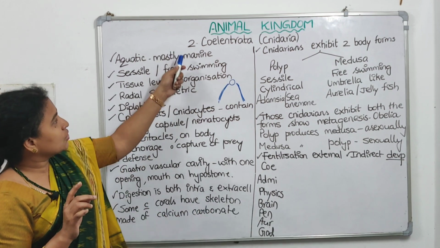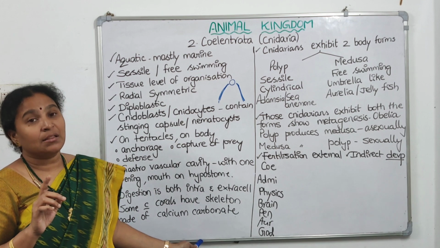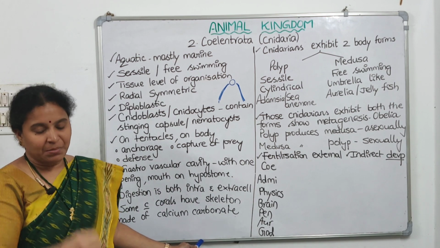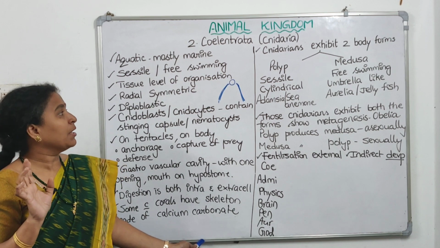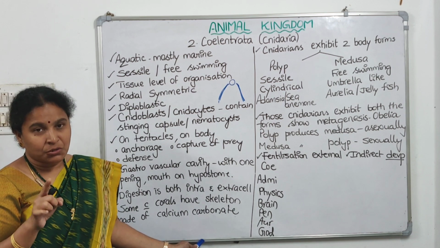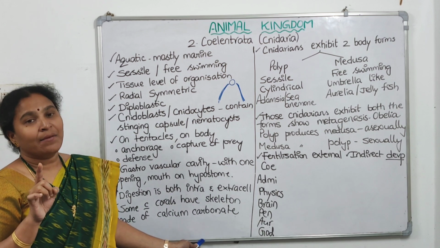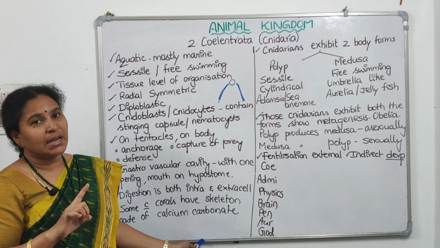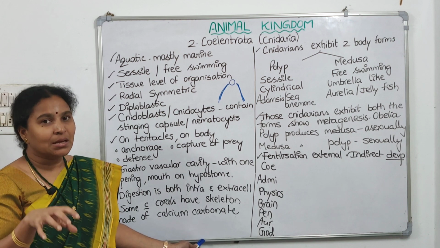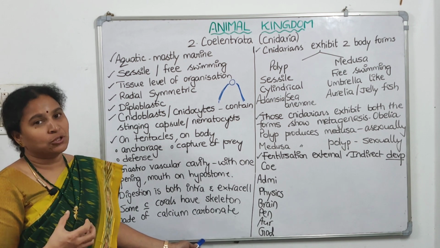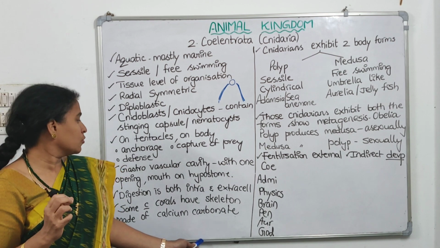So let's just revise the characters of Coelenterata. They are aquatic, mostly marine. They can be sessile or free swimming. They have tissue level of organization. They are radially symmetrical and diploblastic. They have exclusive cells called cnidocytes or cnidoblasts, which contain stinging capsules or nematocysts, which help in anchorage, capture of the prey, and defense also.